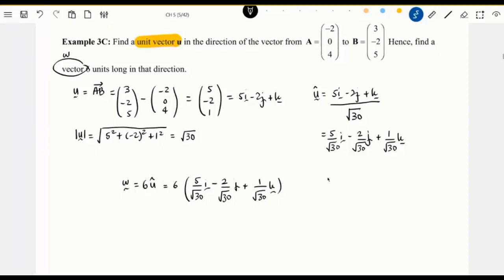So it means we're gonna have 30 over square root 30 i minus 12 over square root 30 j and then plus 6 over square root 30 k. Okay, so that's the final part, which is we have to find the vector that's 6 unit long in that direction.